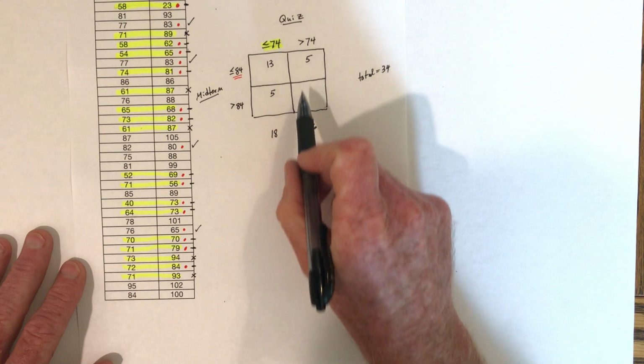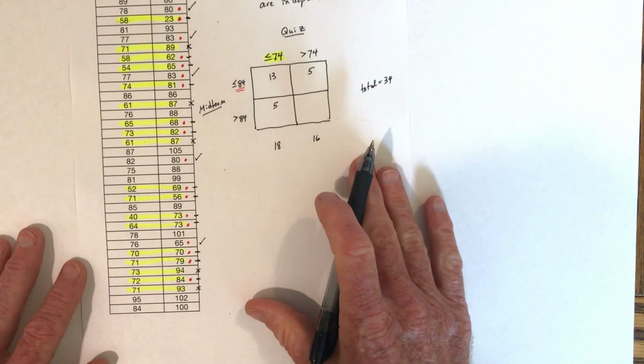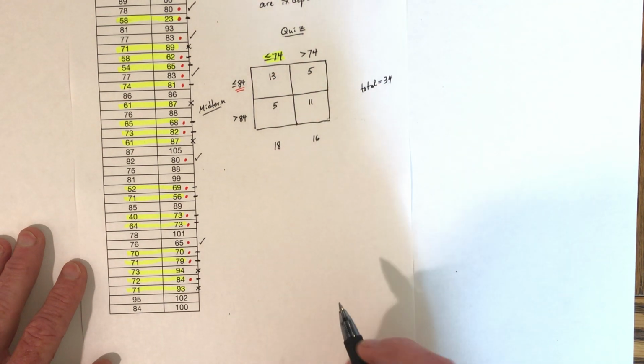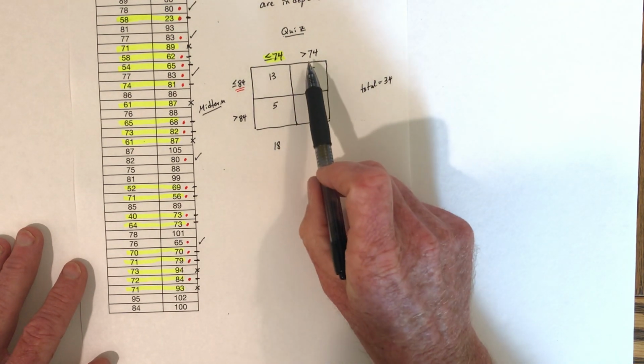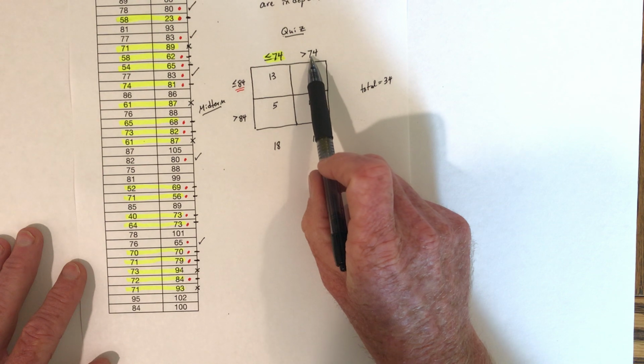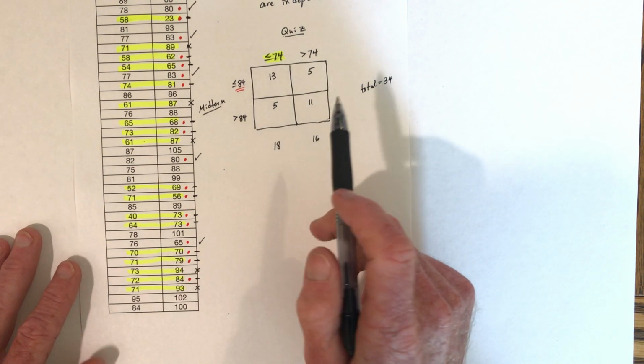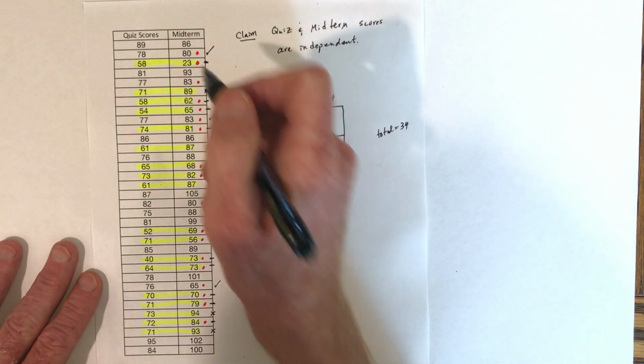And then it should be 5 plus 11 is 16. So this should be 11 right here if I counted correctly. So that would be the people that have over 74. So they're not yellow, and yet they don't have a red dot. So basically the ones that have no marks on them.